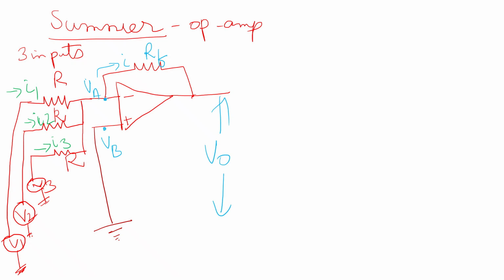So how to find the value of the total output voltage? Using KCL, the total current I will be equal to I1 plus I2 plus I3. I1 will be the difference of the potentials VA and V1, similarly VA and V2, VA and V3.